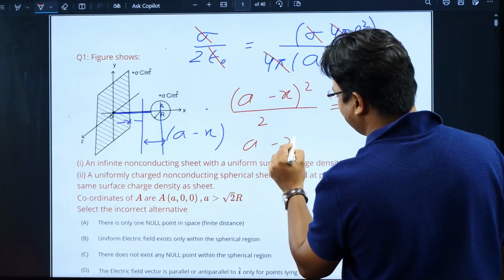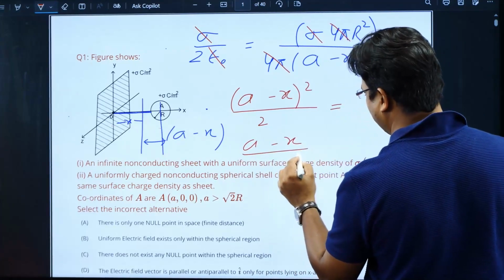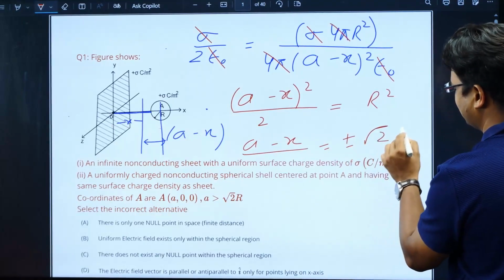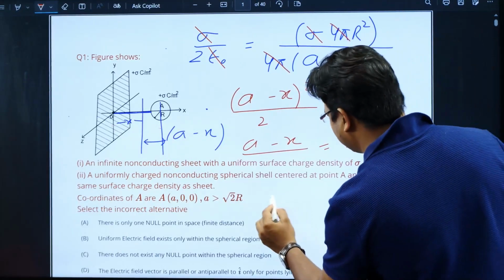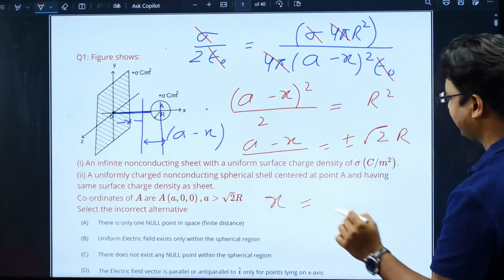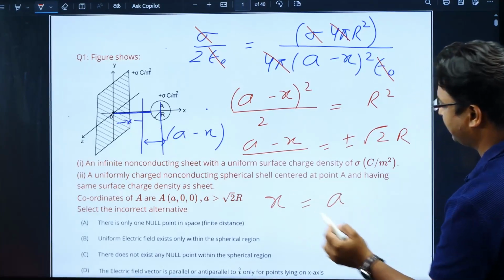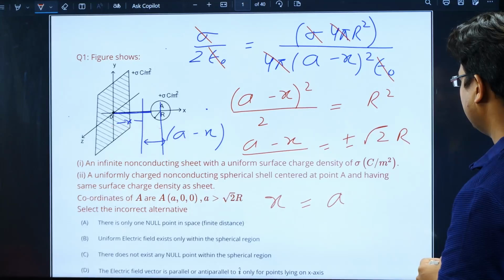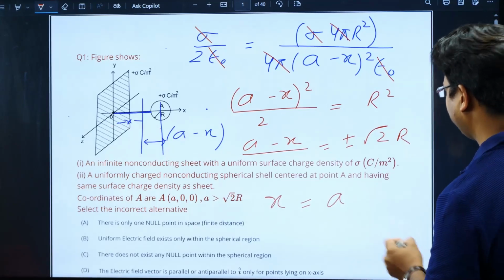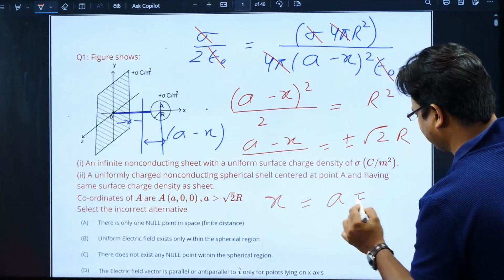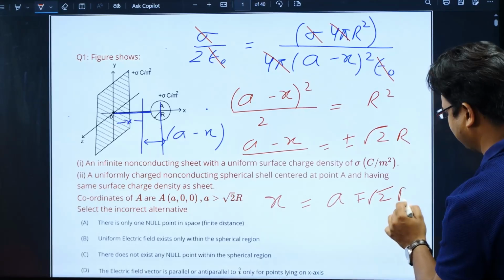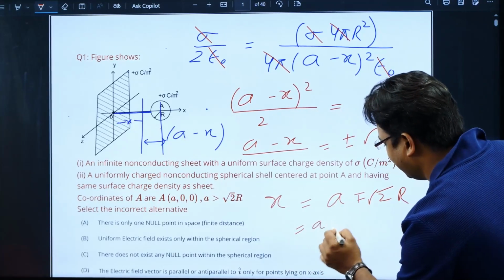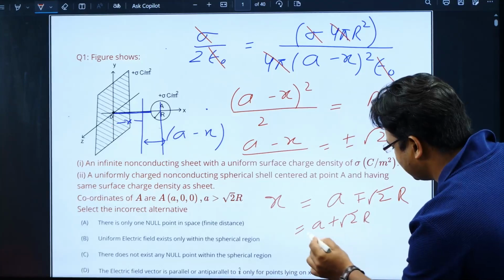So a minus x by root 2 is equal to plus minus r, or bringing root 2 to this side, plus minus root 2r. So the two values that we get for x are a plus or minus root 2r. If I choose the plus sign, the a plus root 2r value, then this is more than a.